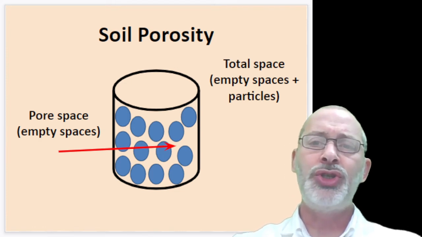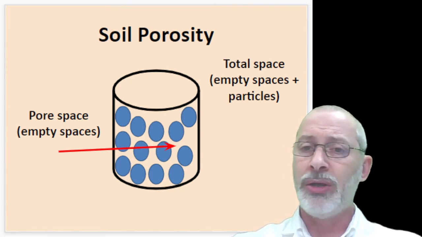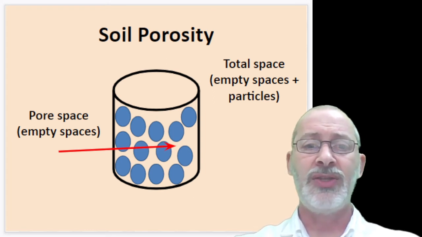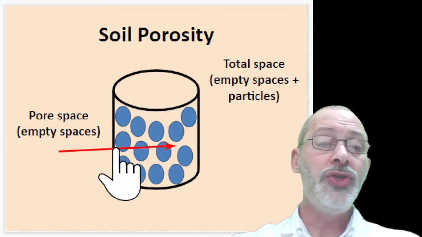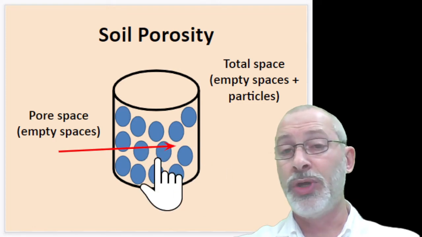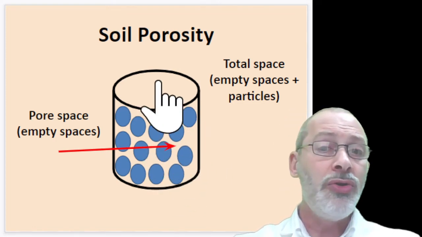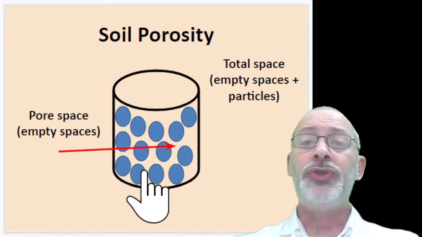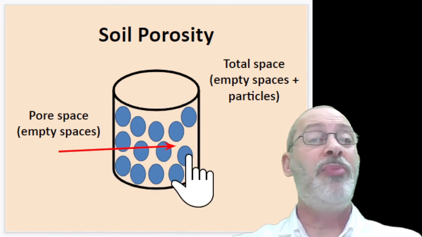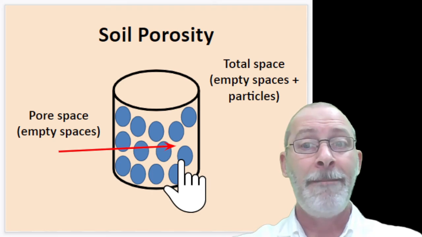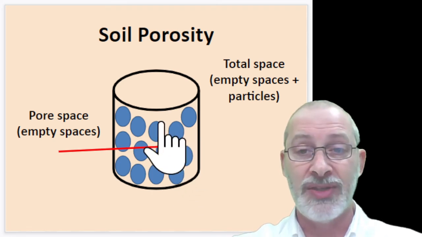And in order to determine soil porosity, we have to consider the total space of a container in which a soil sample is found. And the total space would be equal to the space that the particles take up plus the empty spaces.